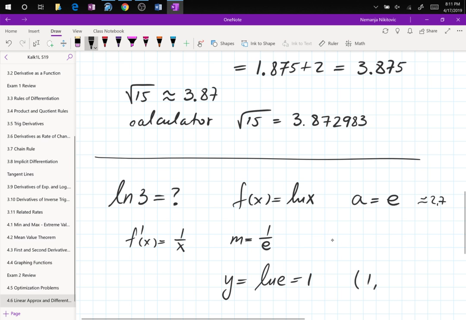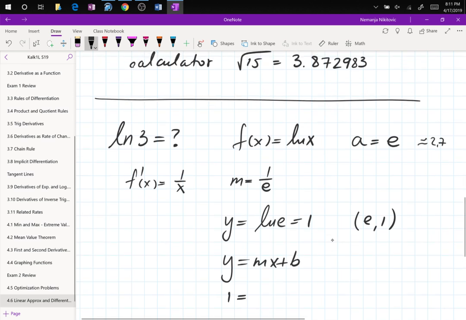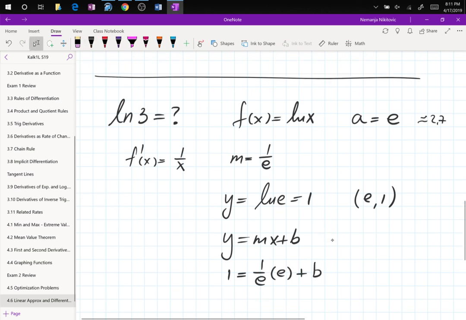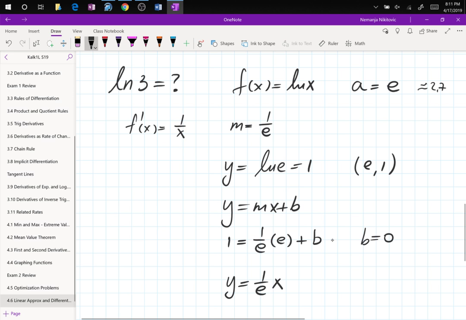And that gives me e, comma 1 for the xy point. So y equals mx plus b. Y is 1. M is 1 over e. X is e plus b. B equals 0 when you cancel the e's. Right? And what I have is that the tangent line is just 1 over e times x, which you can call just x over e. So that's your tangent line.